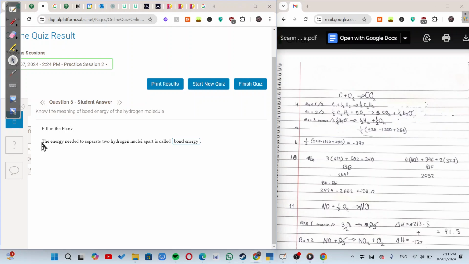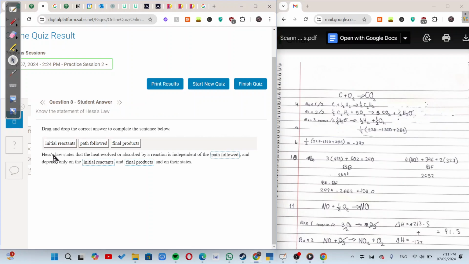Okay, so for this question, just memorize that the energy needed to separate two hydrogen nuclei apart is called bond energy, which is the energy that separates the bonds from each other. The change in heat content is symbolized by, just memorize these. Hess's law states that the heat evolved or absorbed by a reaction is independent of the path followed.